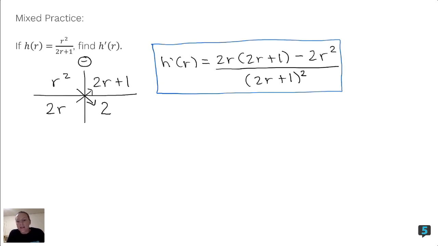But again, some of that's going to depend on what your teacher's expecting from you at this point. Just to get a feel for it, are your teachers at this point asking you to simplify or just find the derivative and leave it? Just find it, Ari? Okay.